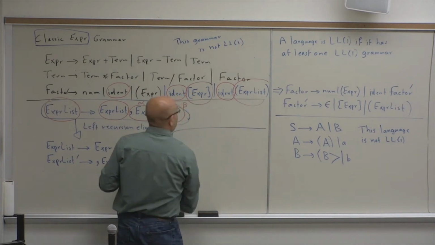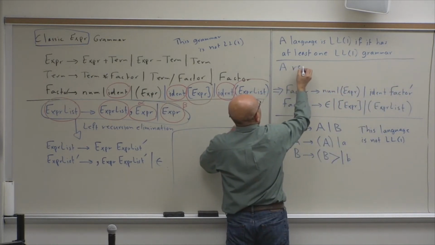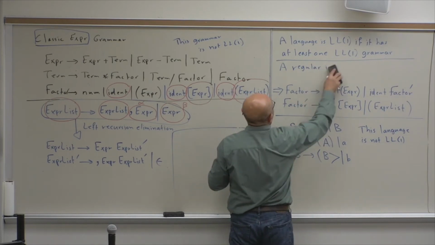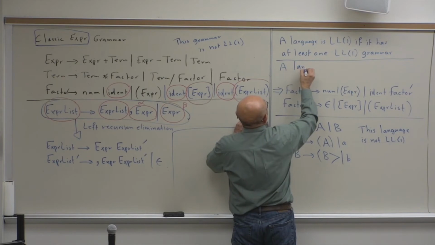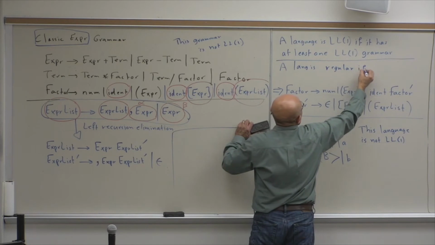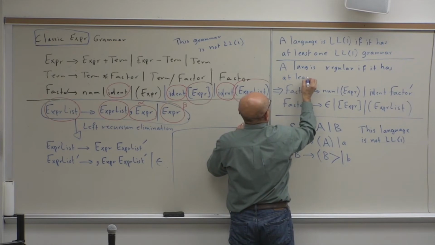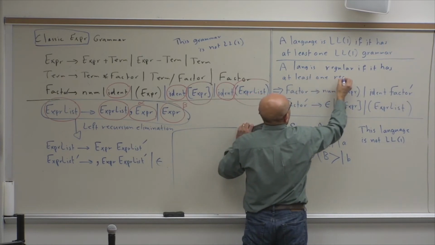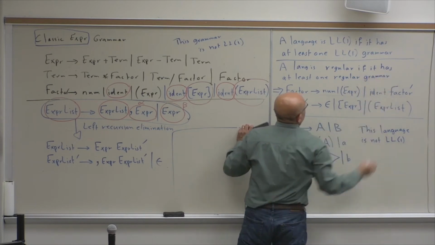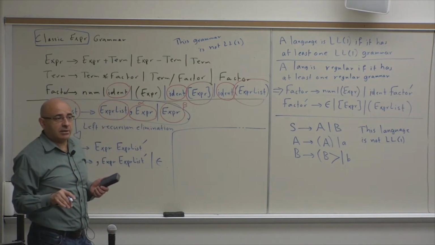We defined a regular language, or we can write it here. How do we define a regular language in terms of regular grammar? A language is regular if it has, what? At least one regular grammar. So in other words, a regular language may have many equivalent grammars that are not regular.